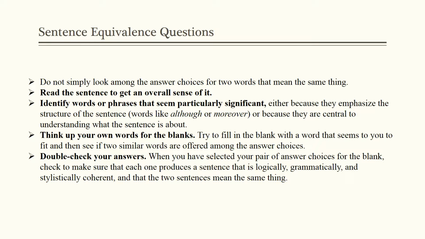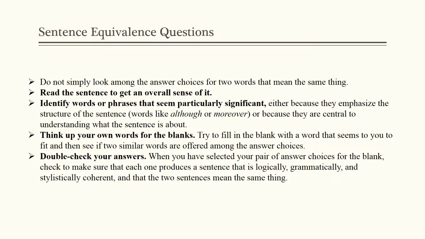Read the sentence to get an overall sense of it, and identify words or phrases that seem significant, either because they emphasize the structure of the sentence with words like although or moreover, or because they are central to understanding what the sentence is about. Think up your own words for these blanks.